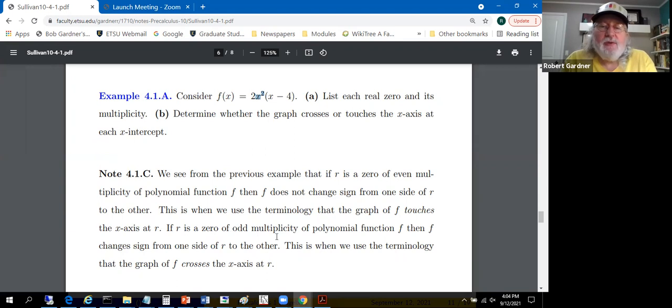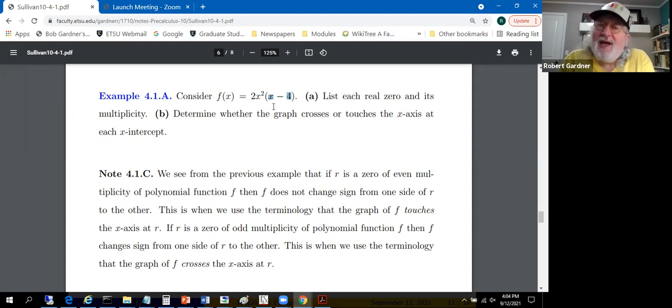If r is a zero of odd multiplicity in the polynomial function, then f changes sign from one side to the other. So this factor is raised to the first power, but if I put in a number a little bit bigger than 4, this is going to be positive. If I put in a number a little bit less than 4, this number is going to be negative. If it was raised to an odd power, those sign claims still hold.